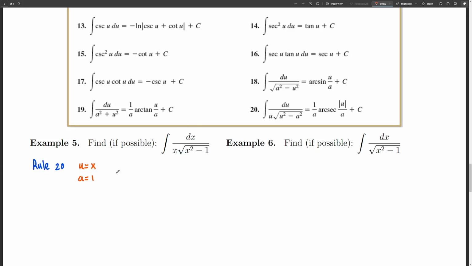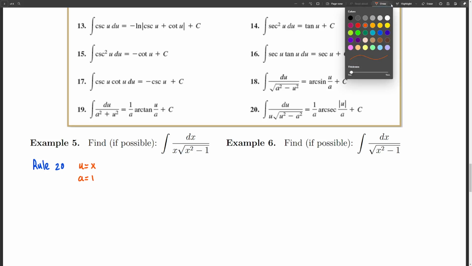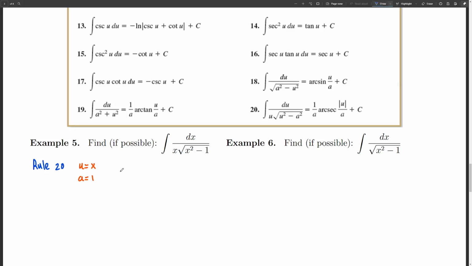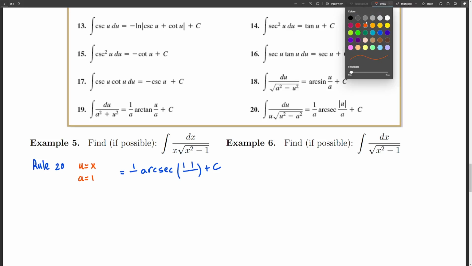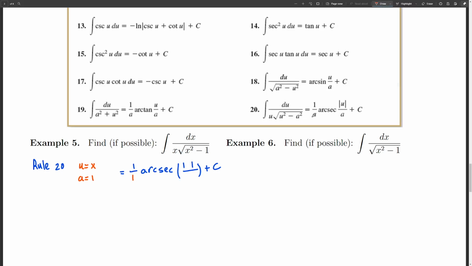And so when we do the antiderivative of this, you see that matches up. Our answer will be 1 over a, 1 over 1 arc secant of the absolute value of u over a plus c, and we had a is 1, u is just x.